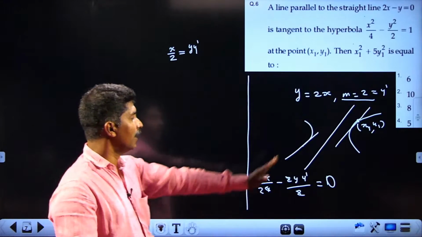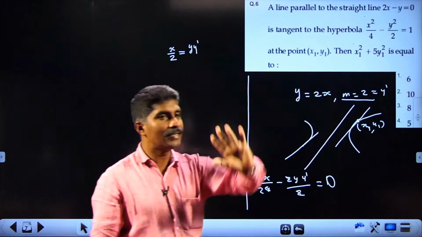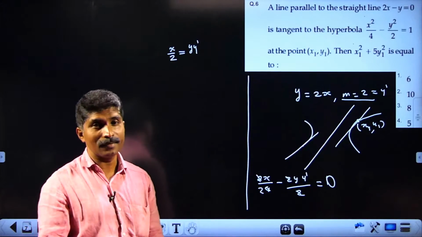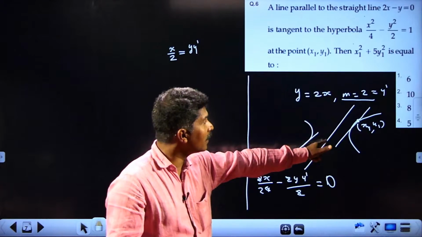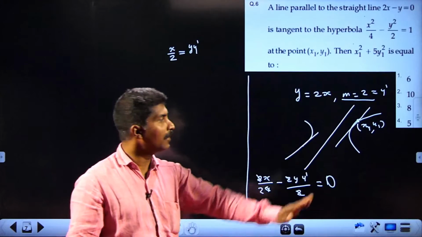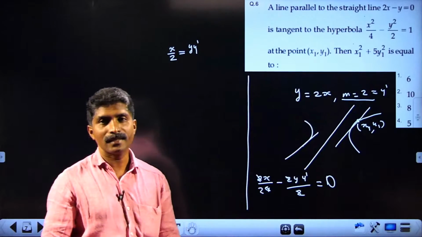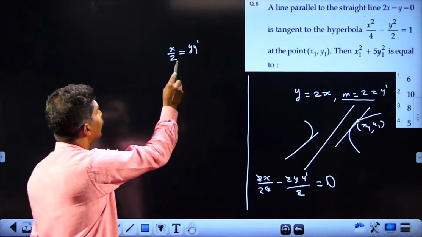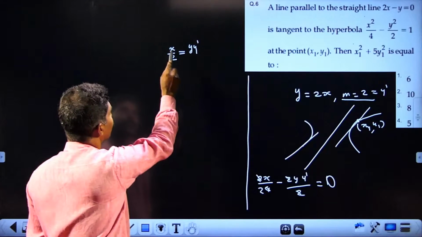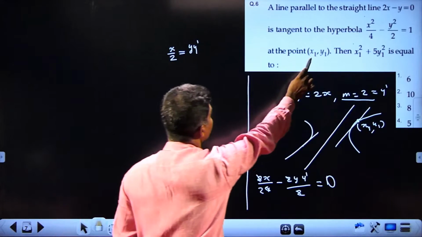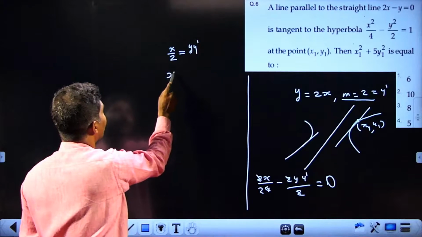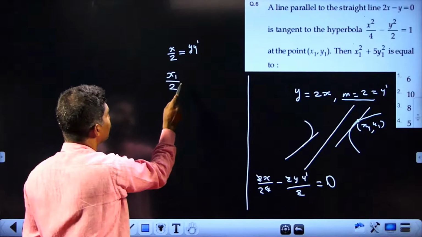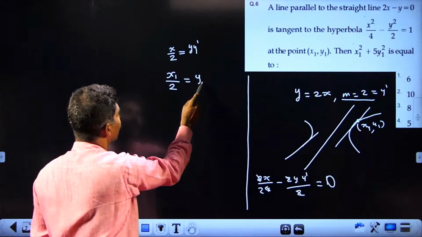So instead of y dash you will write 2. Why? Lines are parallel means slopes are the same. It is already given that the line has slope m equal to 2, and the tangent's y dash is again 2. So x by 2, with x replaced by x1 because the point is x1, y1, gives x1 by 2 is equal to y1 into 2.